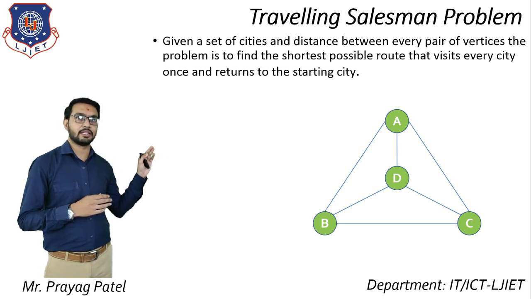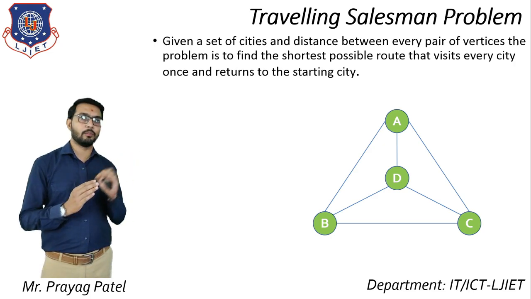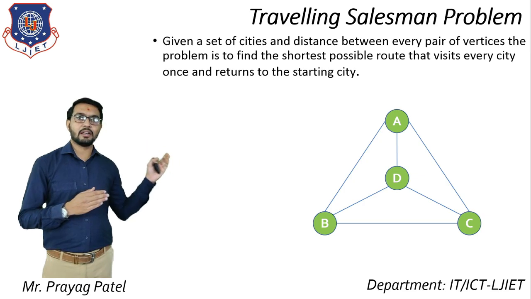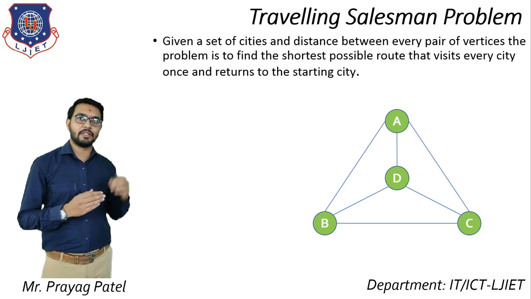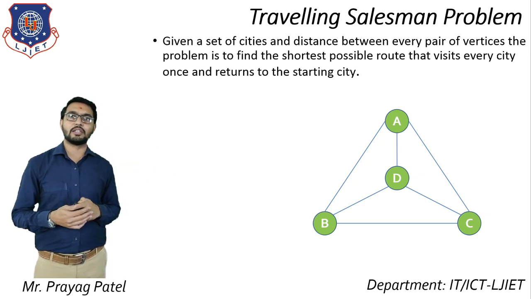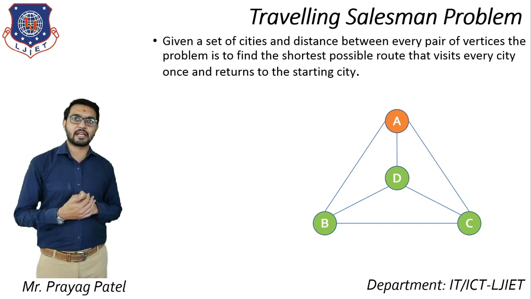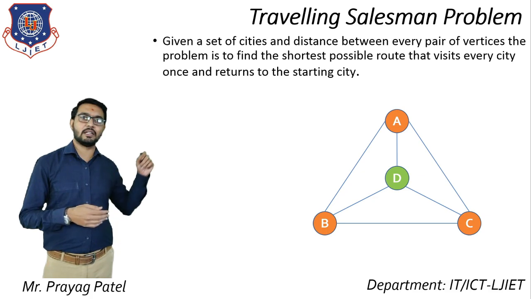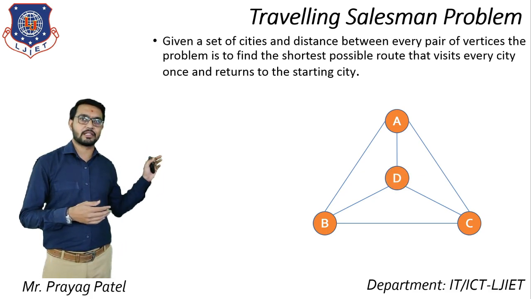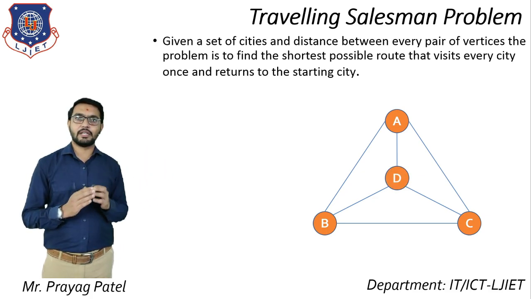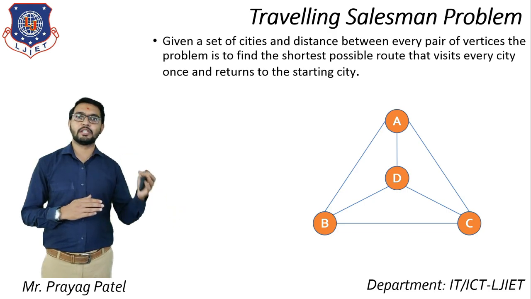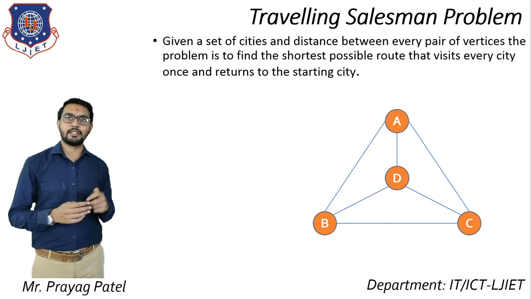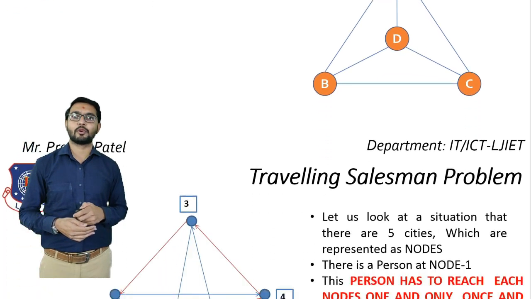For example, in this example consider node 1 as the starting city. So from city A we can start visiting each and every city. Initially city A is the starting point. Now consider the next city as city B, then city C, then city D, and after city D move back to the initial state, the starting point, node A. So this is one type of traveling salesman problem.